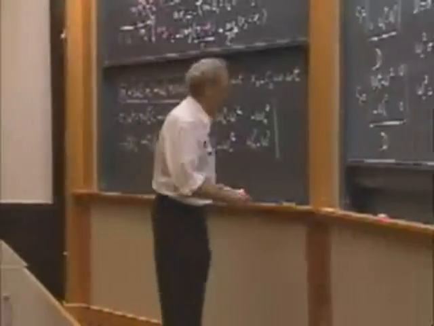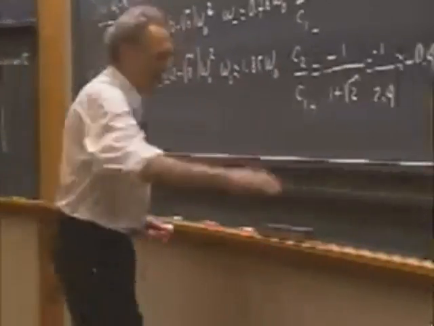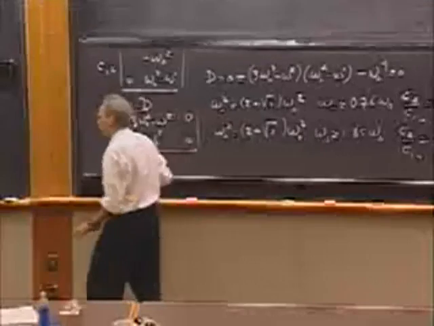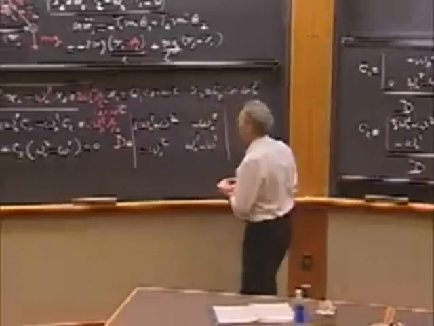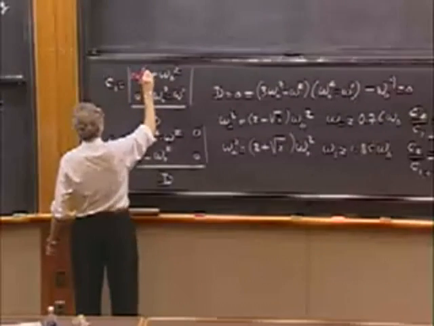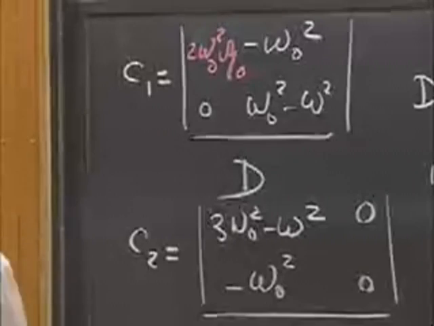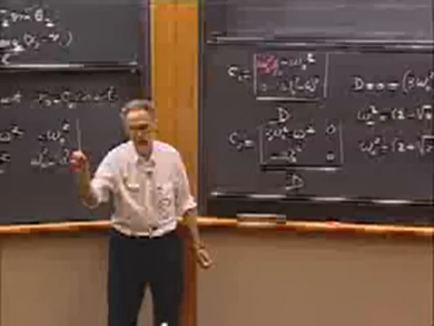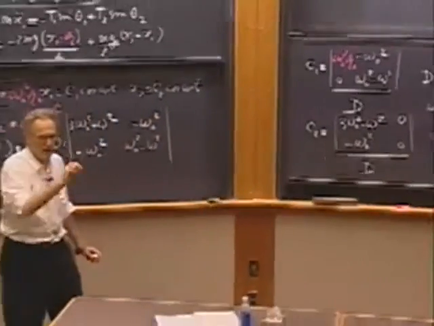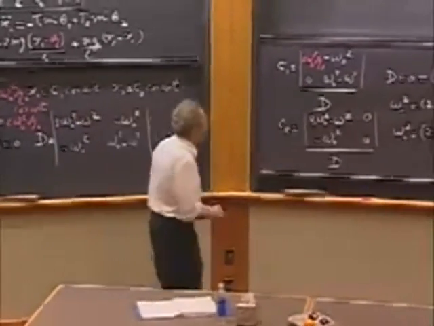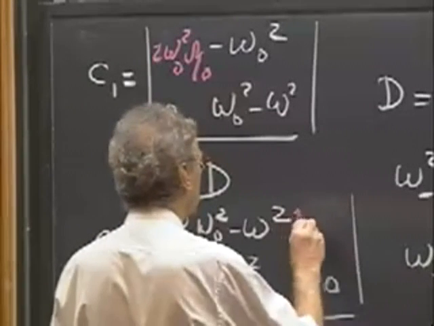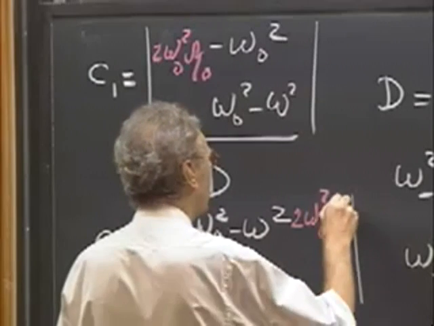It's easy, right? We apply Cramer's rule, and the only thing that changes is this one, which has to be replaced by this, 2 omega 0 squared times eta 0. Eta 0, remember, is the amplitude of my hand. Eta is the displacement of my hand at any moment in time. Eta 0 is the amplitude. And so here, we get then also 2 omega 0 squared times eta 0.